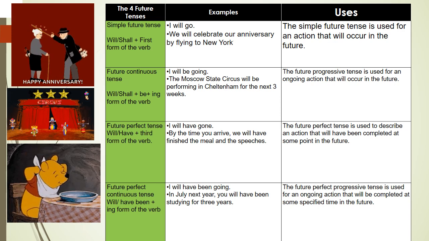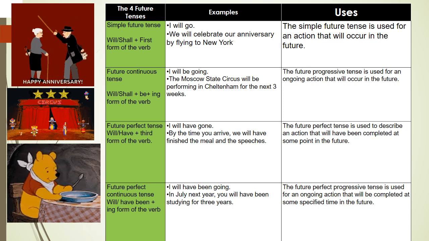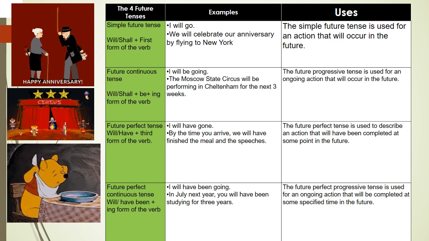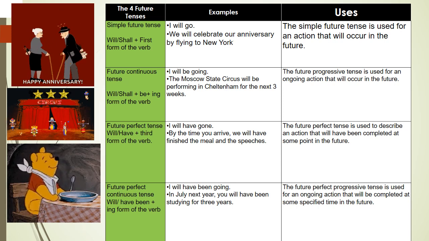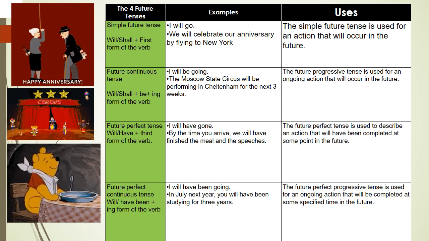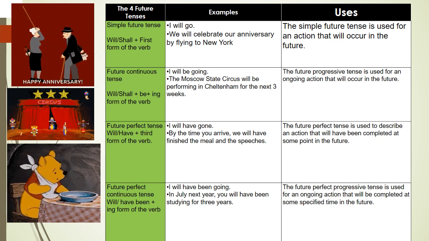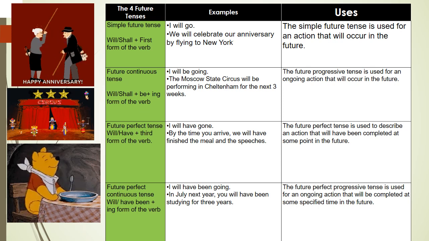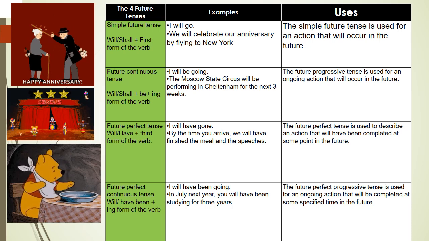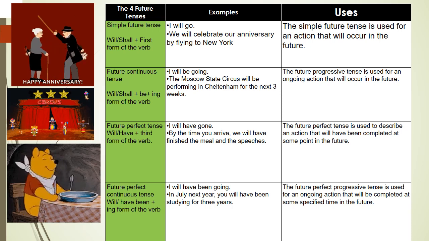So which suggests, children, that the future perfect progressive tense is used for an ongoing action that will be completed at some specified time in the future. Okay, children? So simple future tense, future continuous tense, future perfect tense, and then you have the future perfect continuous tense. Easy, children?